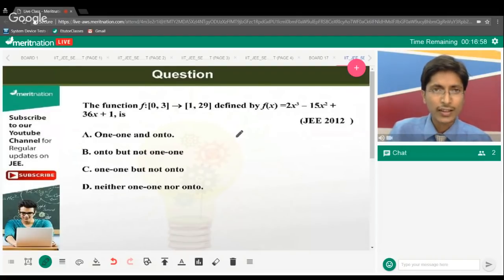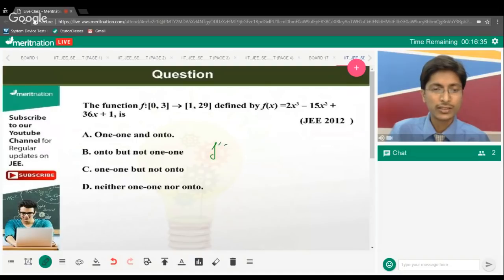And if f dash x is negative, that means the slope is decreasing, which is eventually resulting in the function decreasing. So we will look into the f dash of this function and check whether it's always positive or always negative. If it is not, then obviously it's not a 1-1.